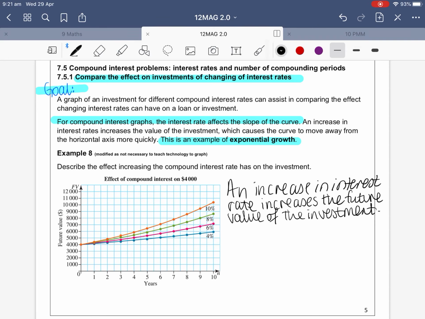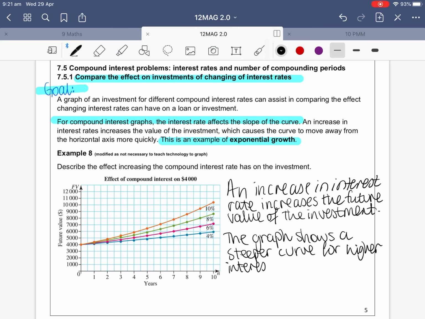Okay, makes sense. We probably didn't need a graph to tell us that. The other thing we want to do is refer to our graph and say the graph shows a steeper curve for higher interest rates, meaning investments increase faster.